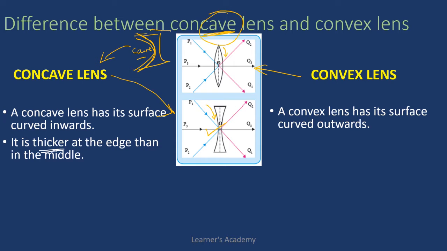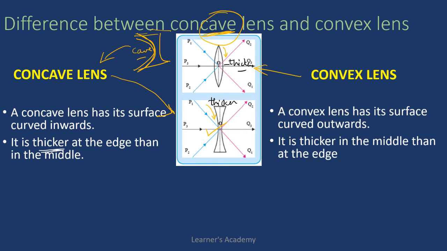So you can see here that this is thicker at the edge and this one is thicker at the middle. All right. So which one is thicker at the middle? Convex lens. All right. You can see in my point it is thicker in the middle than at the edge.